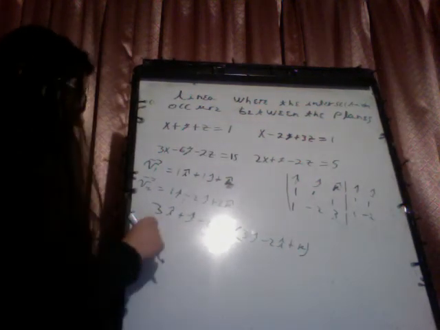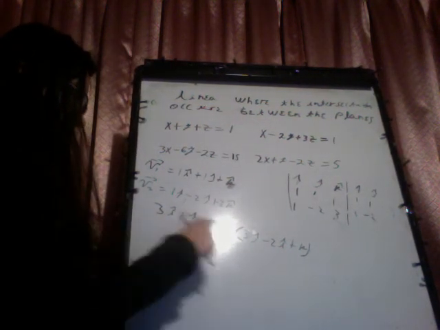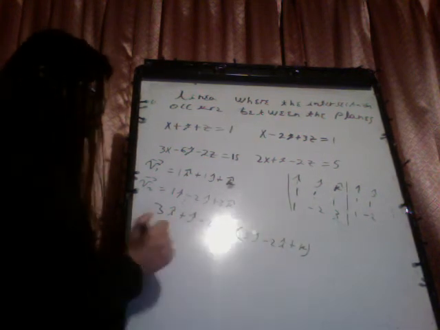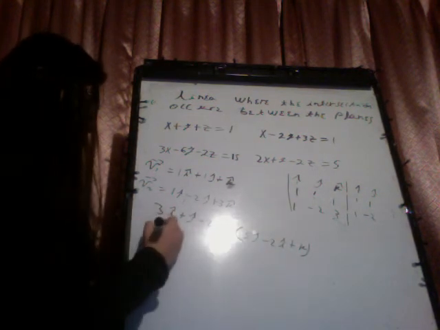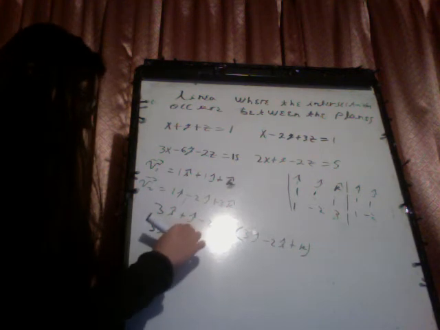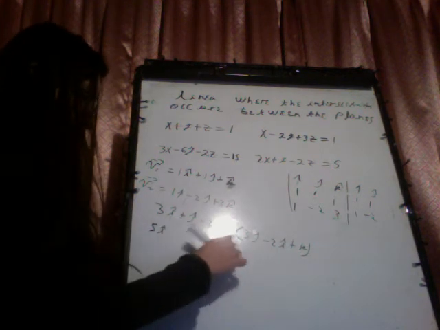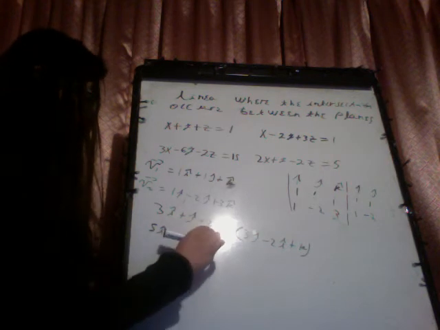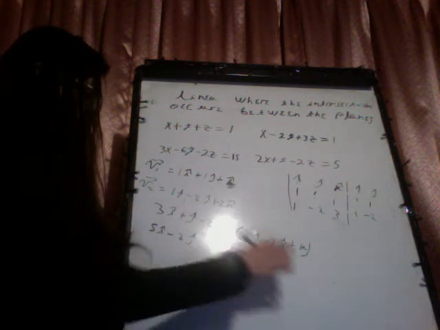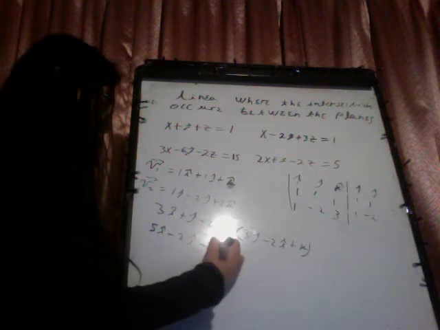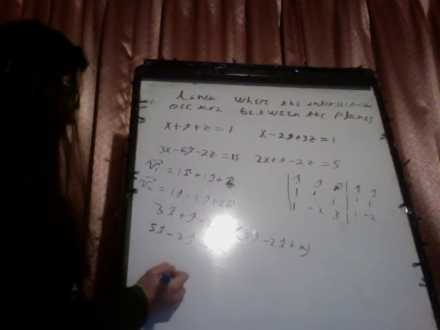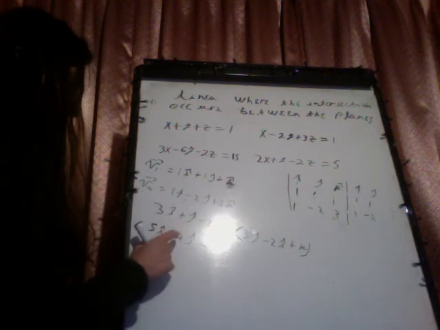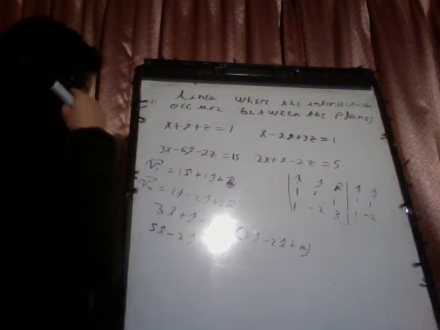Alright, so we have 3i plus 2i is 5i, j minus 3j is minus 2j, and minus 2k minus k is minus 3k. Yes? Let me just check it. Yeah, alright, I think so.